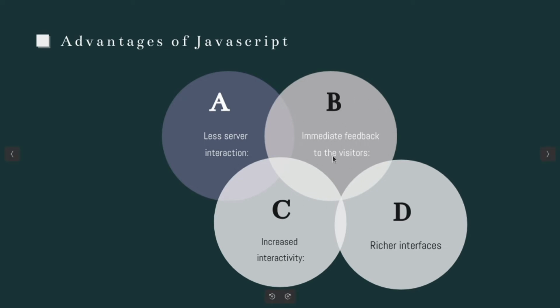Another advantage of JavaScript is that it gives immediate feedback to the visitors. What do I mean by this? It means a visitor doesn't have to wait for a page to reload to see if they have forgotten to enter something.